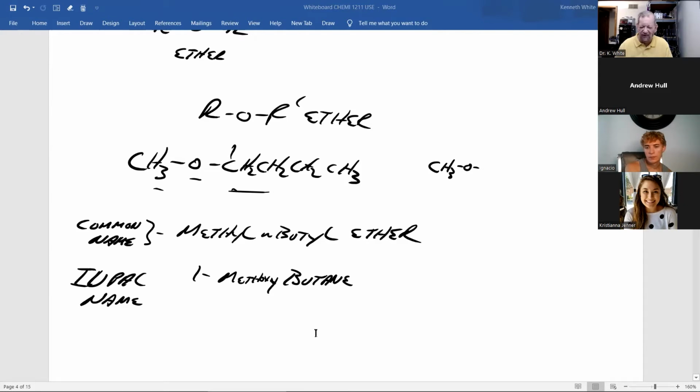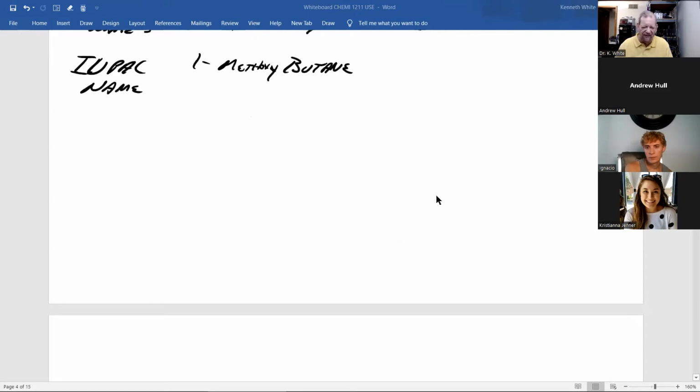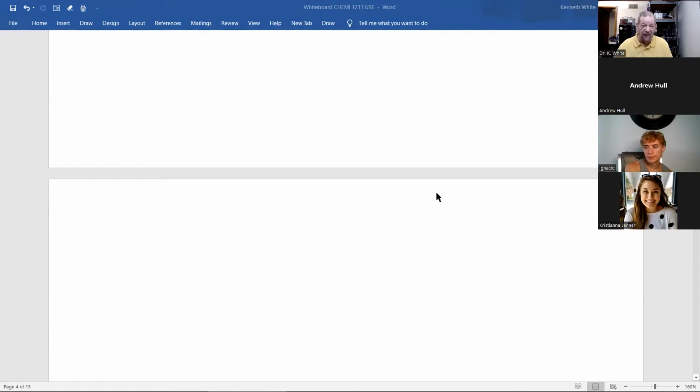Oh, let's do one more common name. Let's have some fun. Let's see if you're up to it. And here we go. What's the common name for that molecule?